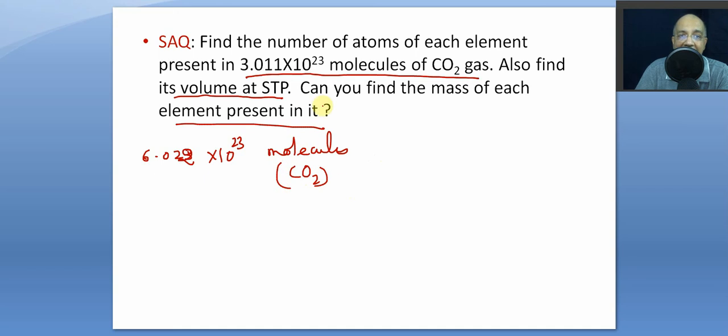Directly we can say, shall we bypass the number of moles? We can say it contains, because it is not asking for the number of moles. Can I bypass? Will you allow me to do that?